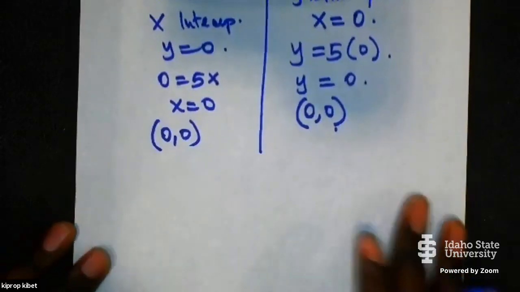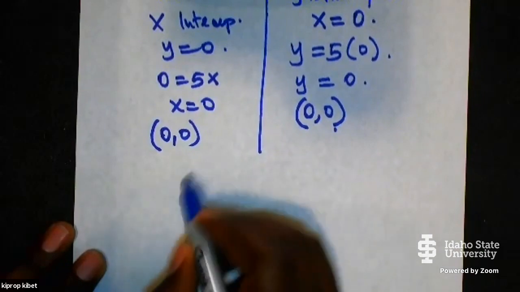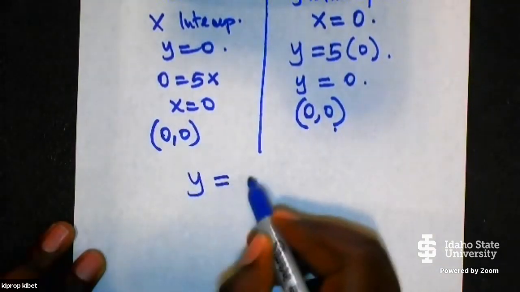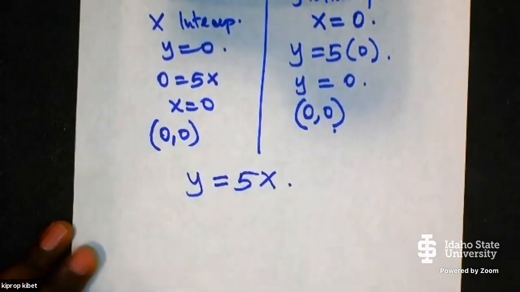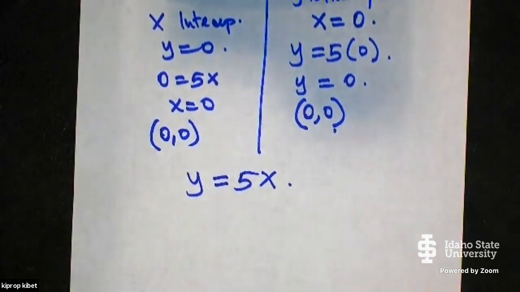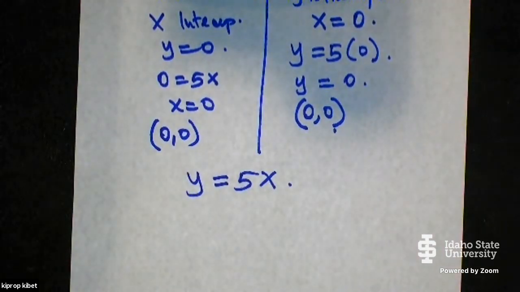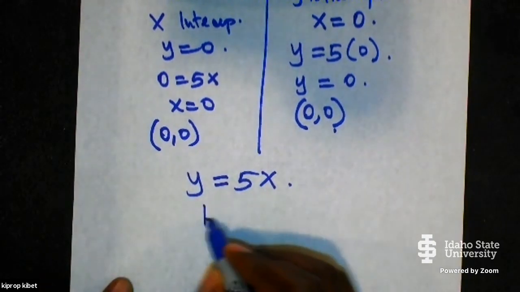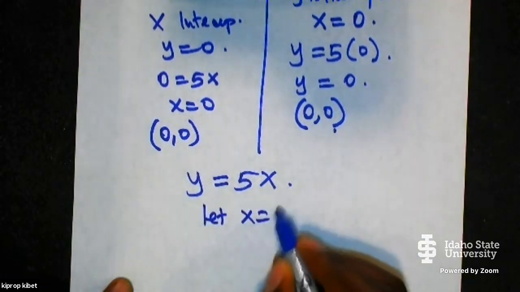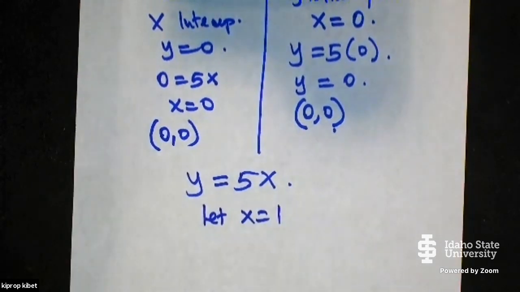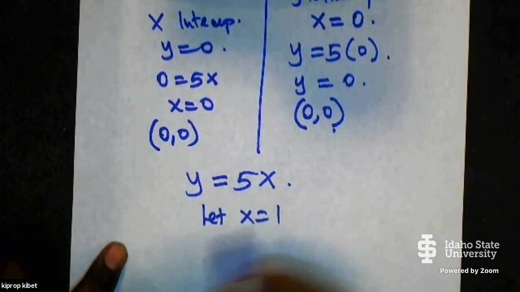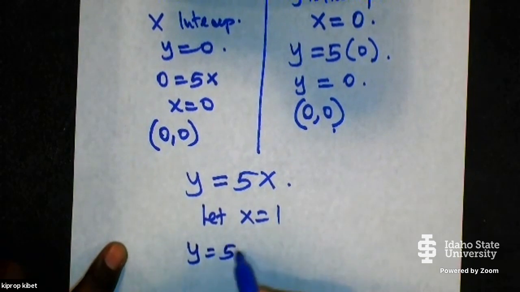So the other 2 will be, so this is the equation y equals to 5x. So to get the other 2, then we can do what? First, we let x equals to 1. When you let x equals to 1, then y equals to 5 times what?